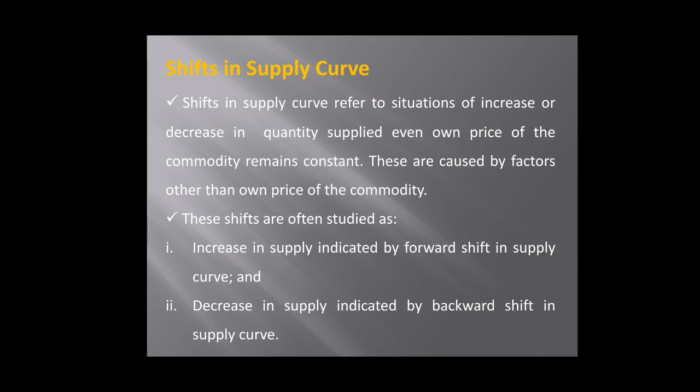On the other hand, when due to change in other factors, quantity supplied decreases at the existing price, it is known as a decrease in supply, and diagrammatically it means a backward shift in supply curve, or we can say supply curve in this case shifts backwards or leftwards or downwards. Both increase and decrease in supply are caused by factors other than the own price of the commodity.